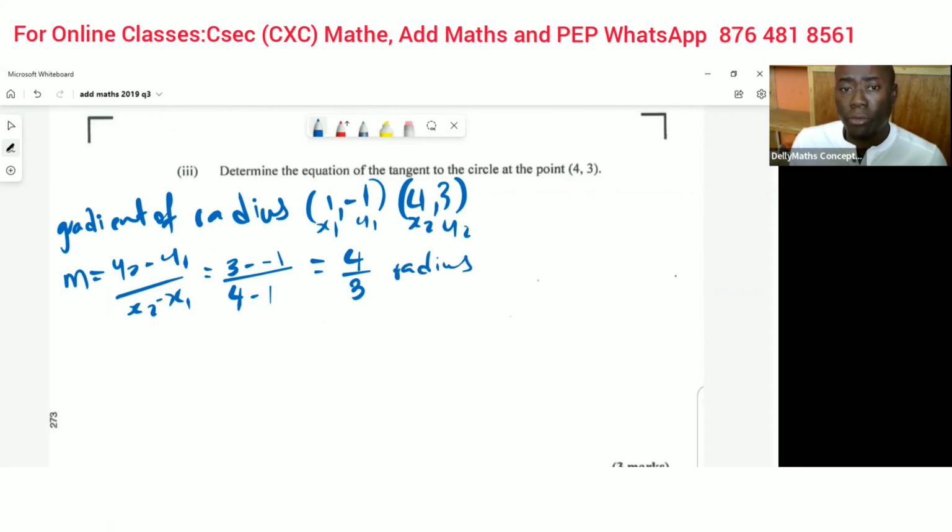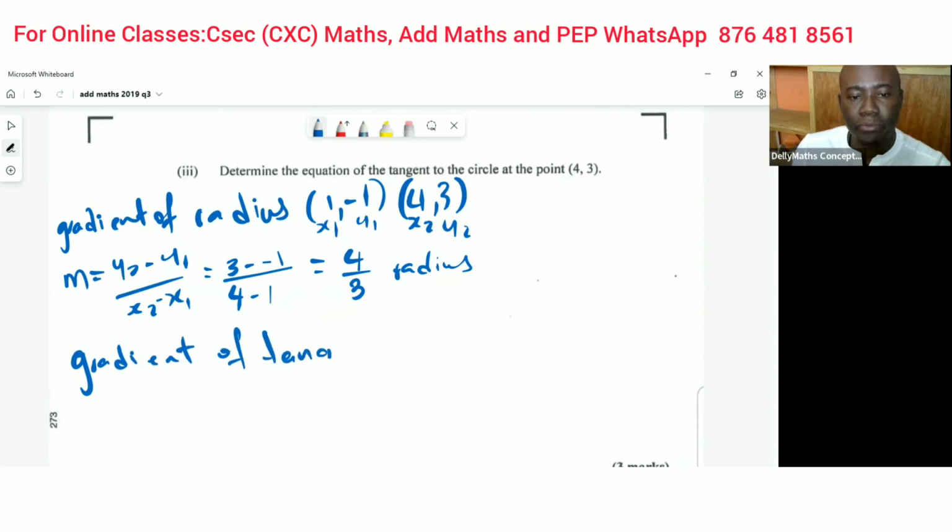It's 4 over 3. Now, remember that the tangent is going to be at right angle to the radius. So we want to make sure that we understand the relationship between perpendicular lines, right? A tangent is perpendicular to the radius. Therefore, the gradient of the tangent is simply the negative reciprocal.